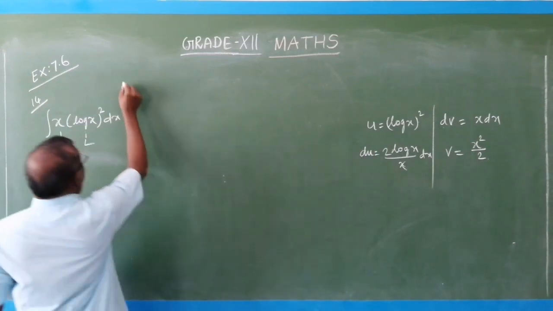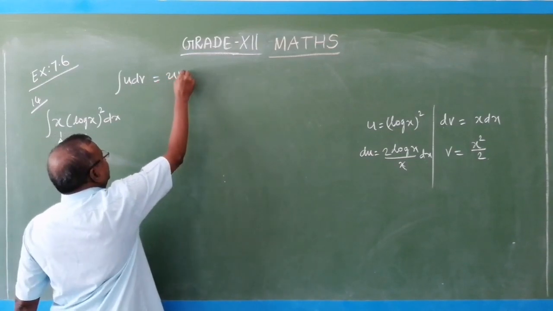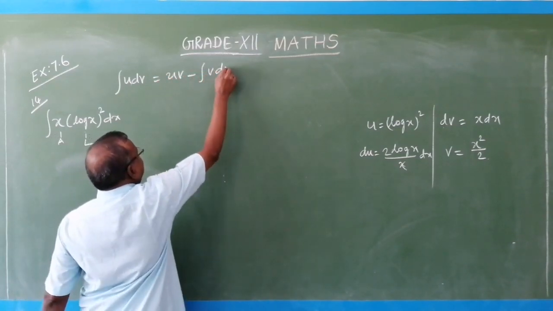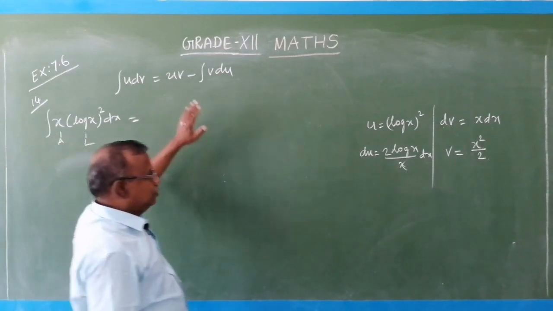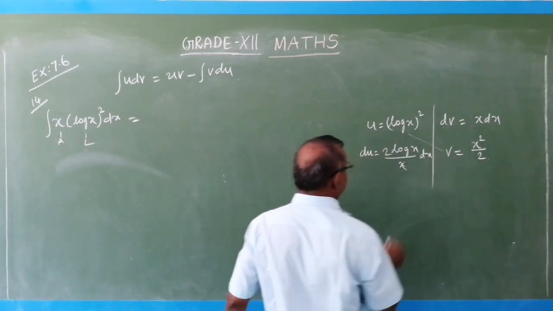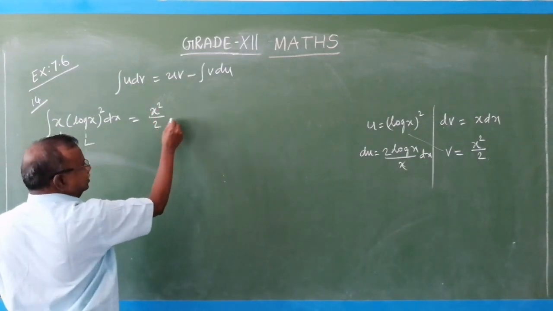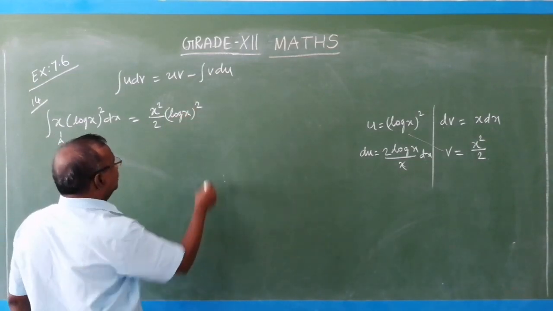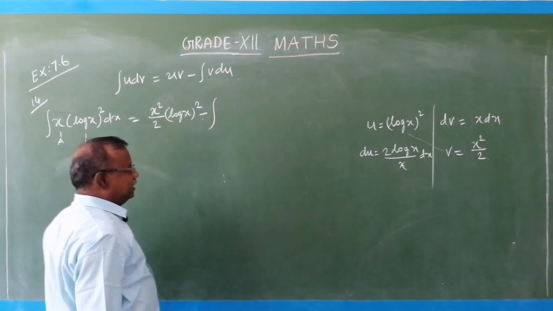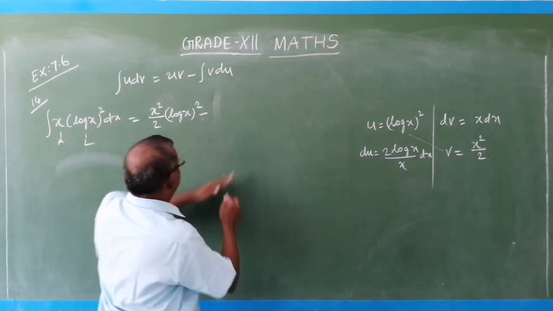Now we know the formula, integral u dv equals uv minus integral v du. The uv is x square by 2 into log x the whole square, minus integral v du, where v is x square by 2. Take 1 by 2 outside.